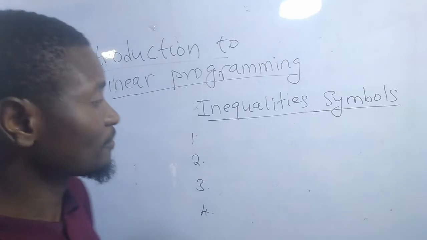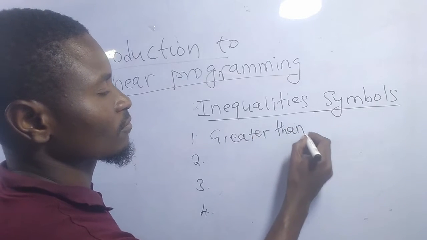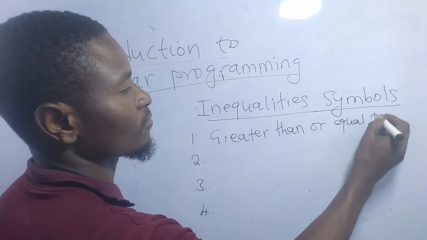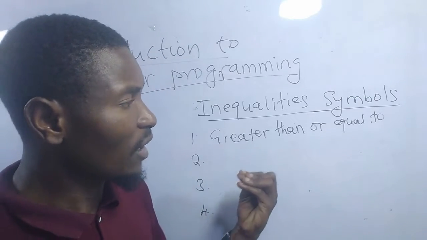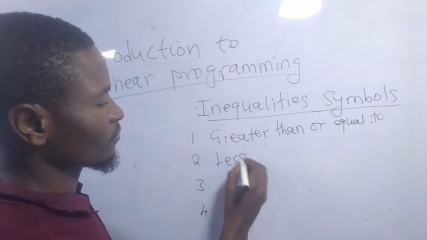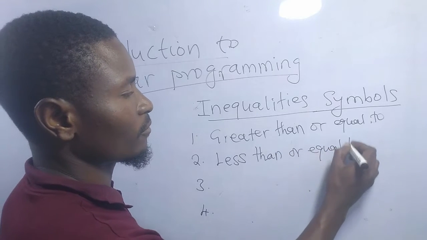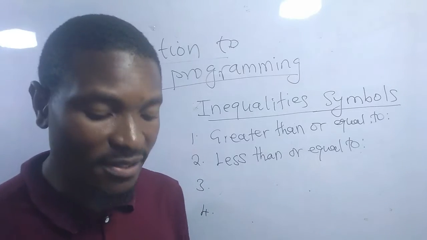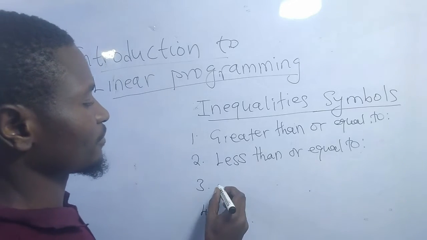So the symbols are, in the statement form, greater than or equal to, okay? And then the second symbol is less than or equal to, okay?